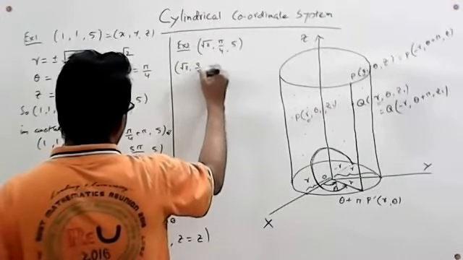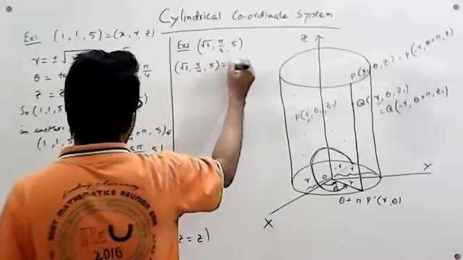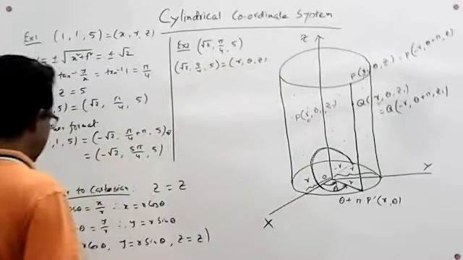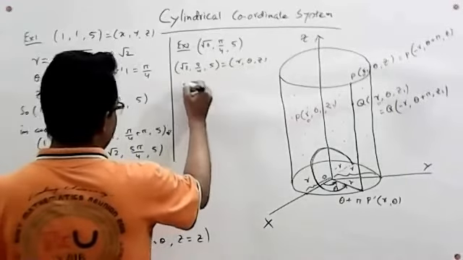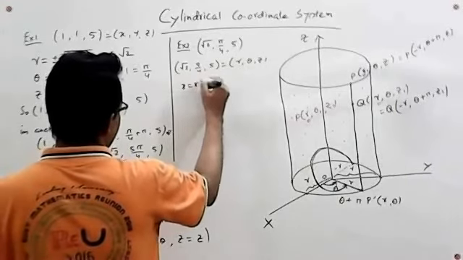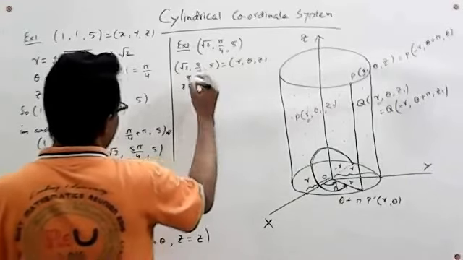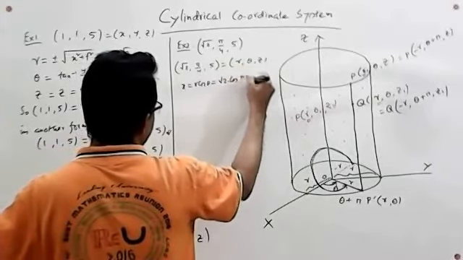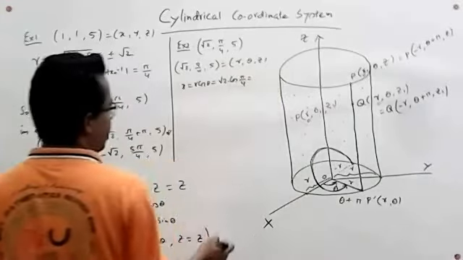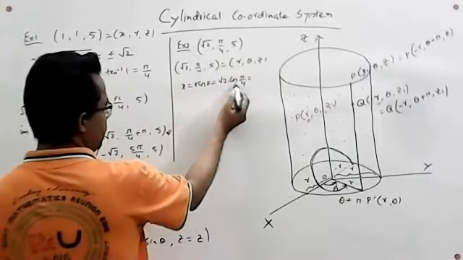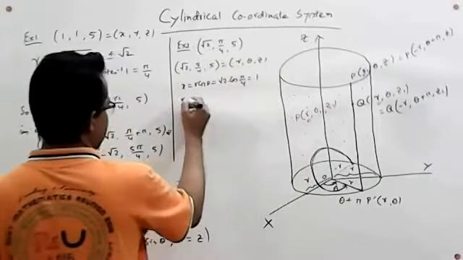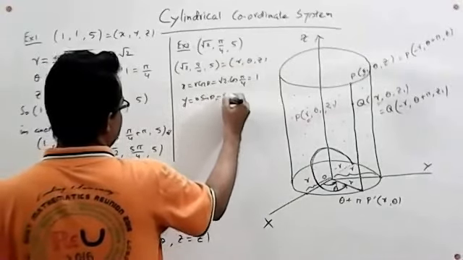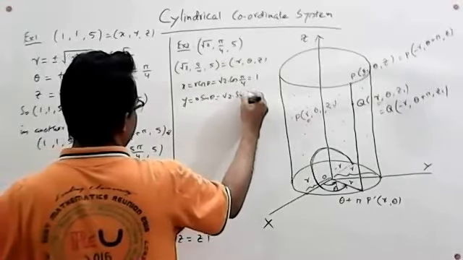5 pi by 4, 5 is divided as r, theta, z, and we know that x equals r cos theta. r cosine theta, where r is root 2 and theta is 5 pi by 4. We know that cos 5 pi by 4 is minus 1 by root 2, so we have 1. Also y equals r sin theta, which is root 2 sin 5 pi by 4.